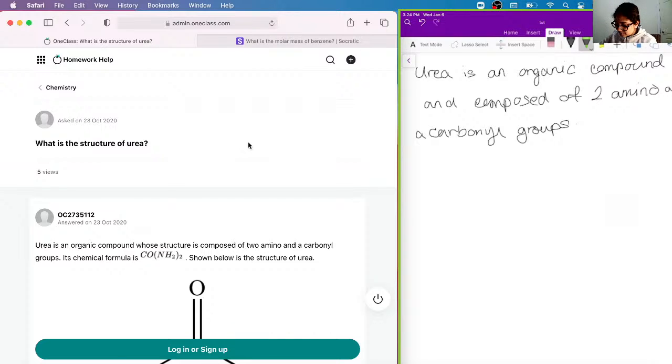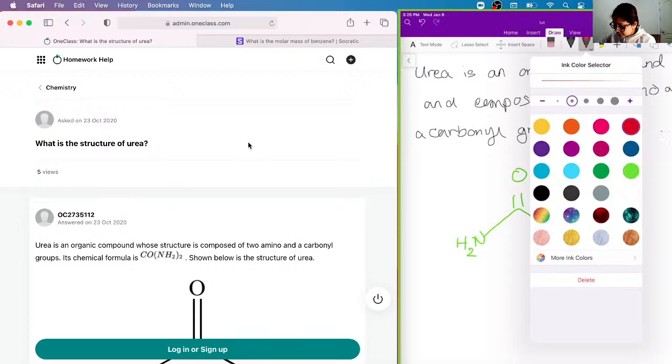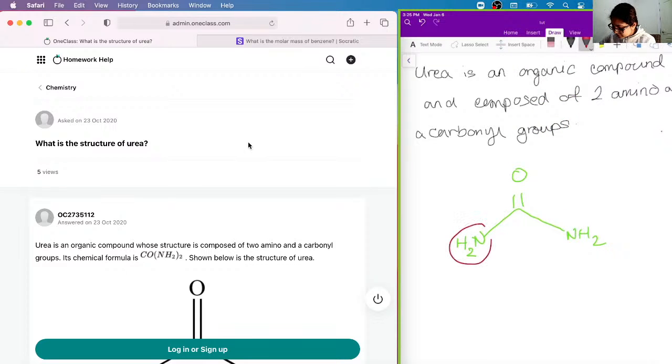Since it has a carbonyl group, we know that's a double bonded oxygen attached to a carbon. And since it has two amino groups, we can say that this is how it looks. Right, so these are your amino groups, and this is your carbonyl, right?